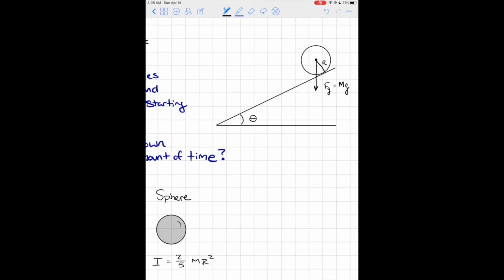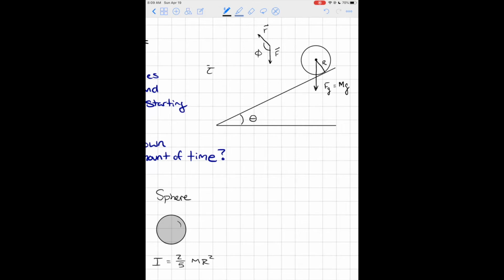So if I look at this r vector pointing like this, and a force vector pointing like this, the angle between them, phi, would be like this. And that's going to be the same no matter what shape I'm looking at.